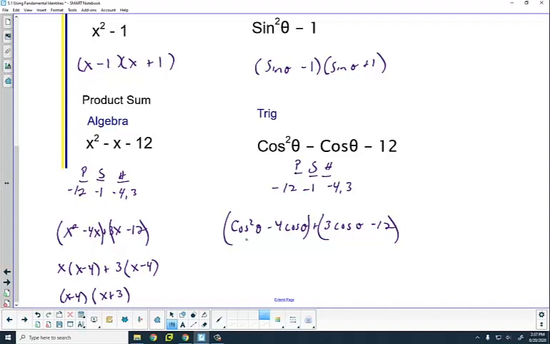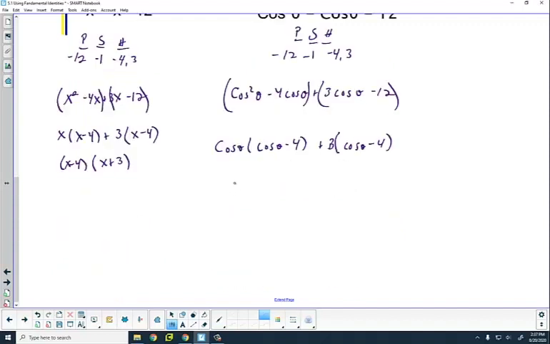Here, the common thing we can take out is a cosine, and you're left with cosine theta minus 4. Here we can take out a 3, and we're left with cosine theta minus 4. What's left over is cosine theta minus 4 and cosine theta plus 3. This part of factoring gets very useful in section 5.3, so that's why I'm showing it to you now.